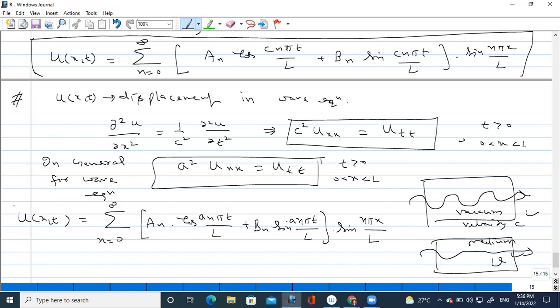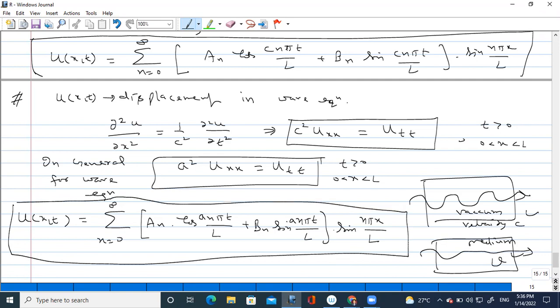Now if you check here, initially we have taken u(x,t) equal to X(x) into T(t). So this complete function works as a function of t, and this complete function works as a function of x.